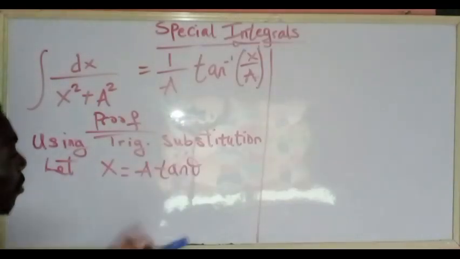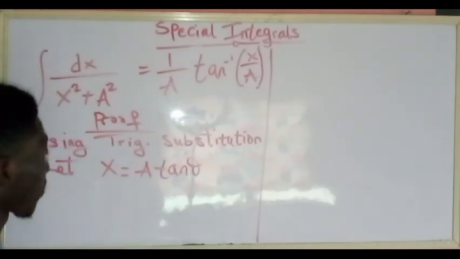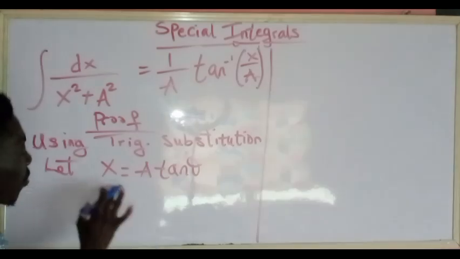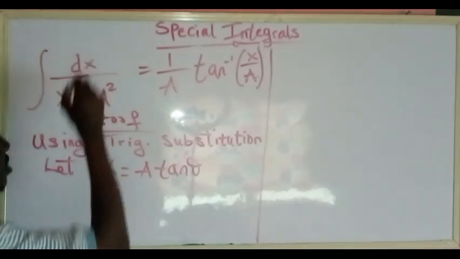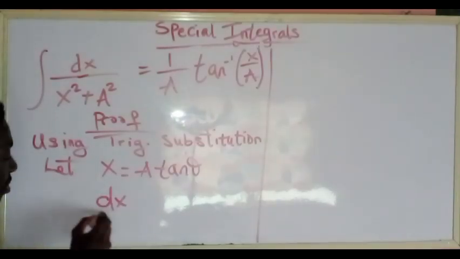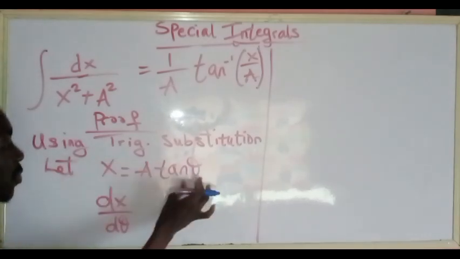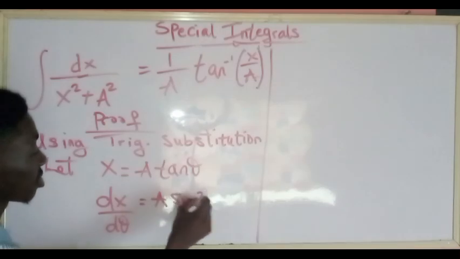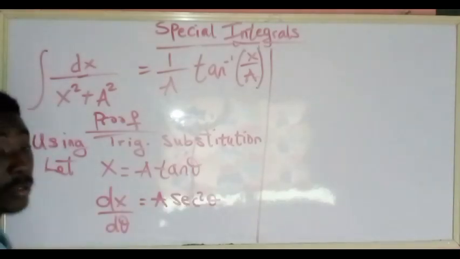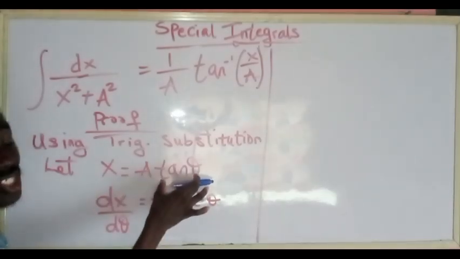Then from there, we make sure everything here is substituted into this integral. So whenever I have x equal to a tan theta, I have to find the dx. Differentiating this with respect to the angle will be equal to a sec squared theta. I'll be dropping a series on differentiation, so you'll know how to differentiate tan.